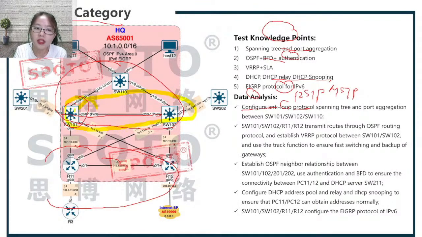You also need to establish OSPF neighbor relationships between switch 101, switch 102, and 202, these four devices.